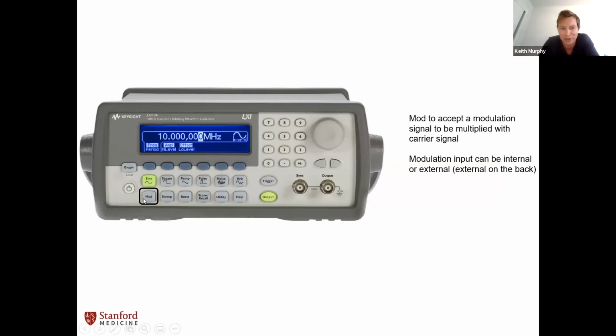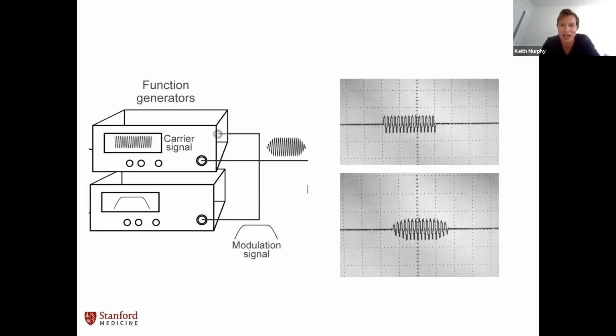To do this with a function generator, you would hit this mod button and look through a bunch of settings, and it'll ask you, do you want to do amplitude modulation? Do you want to do frequency modulation? And you can use an external input modulation signal. On the back of this system, you can't see this, there's an AM input. That's an amplitude modulation input. By hitting this button and selecting AM, the machine itself will modify the signal and multiply them together. And I'll show you what that looks like. I do this commonly.